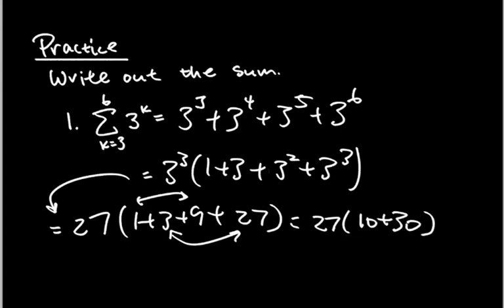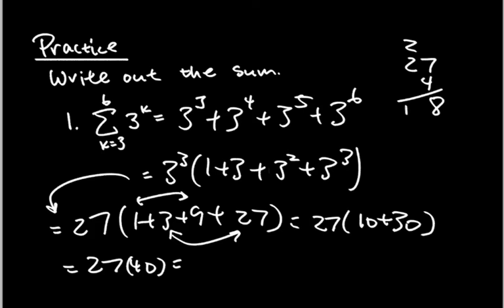So getting 10's, easy way to add. 27 times 40. Okay, so this is basically 4 times 27 and then times 10. So 4 times 27, we get 108, and then times 10. So we get 1080 here.